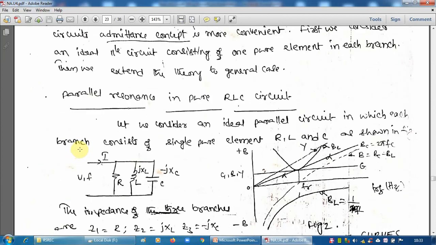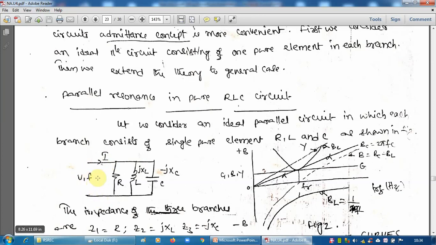Next, like in the series circuit, we consider a simple practical circuit wherein a resistor, a pure inductor and a pure capacitor are in parallel like this. So this is the parallel circuit. For this circuit, we apply a supply voltage, an alternating voltage with variable frequency, and let an alternating current I be flowing from the supply.